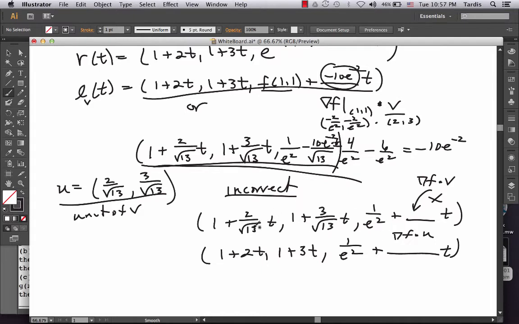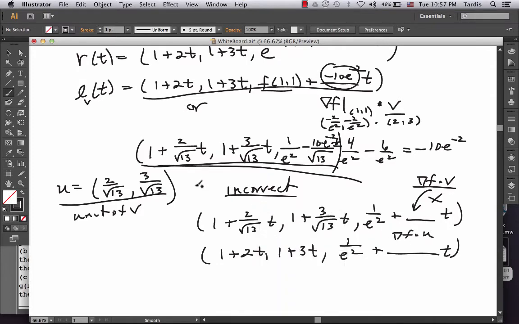These two are incorrect because you're mixing unit vector with the gradient dotted with a non-unit vector. Here your direction v is not a unit vector, but you've dotted the gradient with a unit vector, so there's a mismatch there.